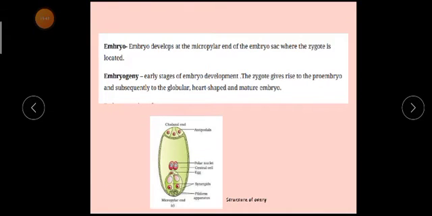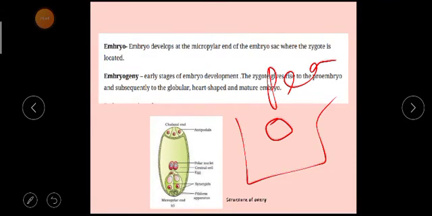Suppose this is a pea seed, I have kept it in water for the whole night. After the whole night you will see that the covering of this pea seed is going to come out. That is nothing but your cotyledon which is going to come out. Even if you soak groundnut, it is going to come out. Since these are dicots, you will see two cotyledons coming out from that.